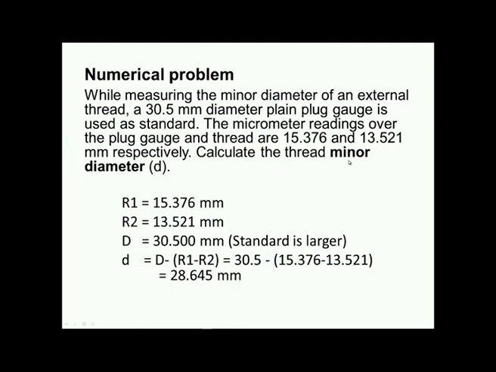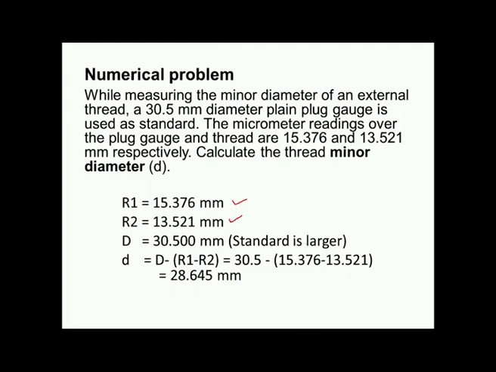We are required to calculate the minor diameter, that is small d. Now, the data that is given is R1 is equal to 15.376 millimeter and R2 is 13.521 millimeter, and the diameter of the standard is 30.5 millimeter.